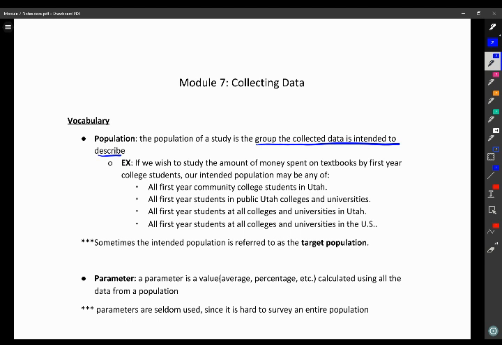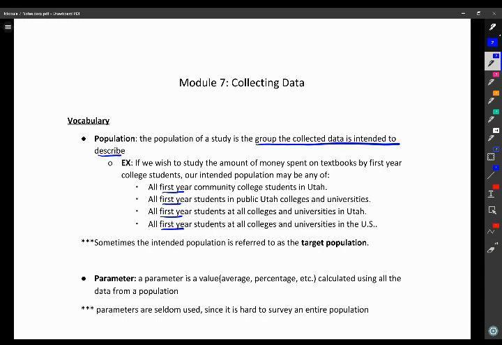So they can either be first-year community college students, first-year students in a public Utah college, or first-year students in colleges and universities in Utah, any of them, or first-year students at the colleges and universities in the U.S. It doesn't matter unless it specifies, but we could use any of those groups to describe our population.